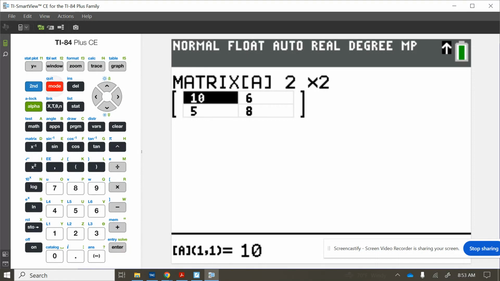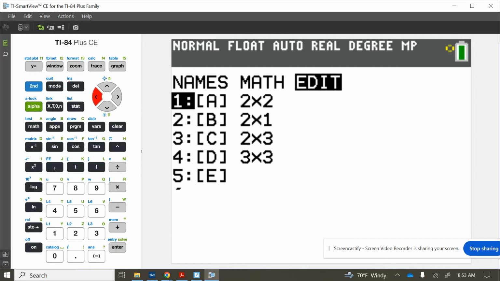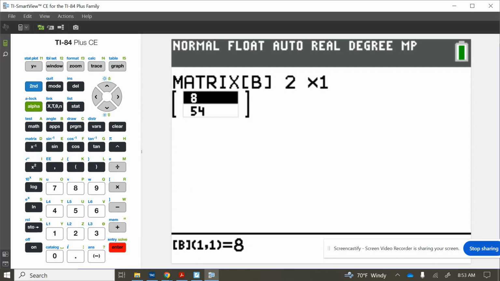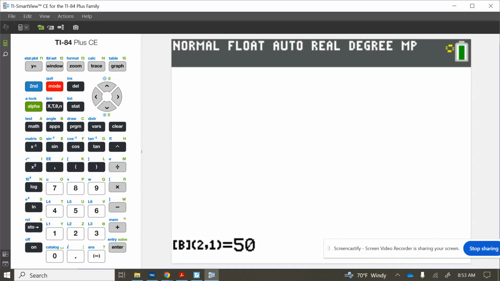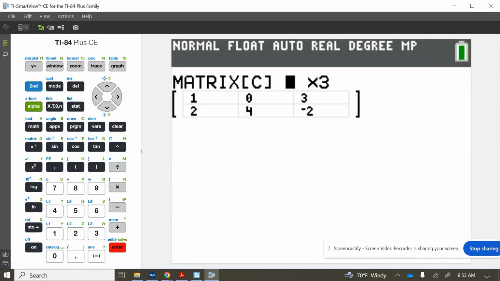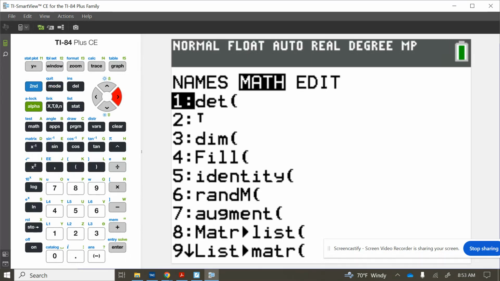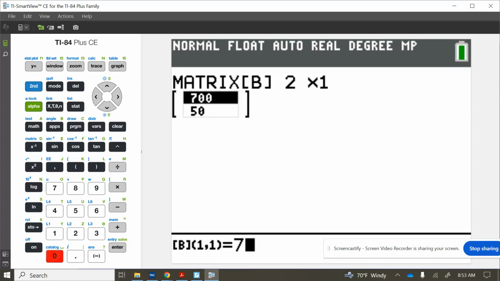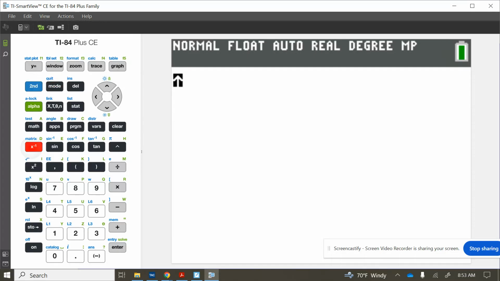And then this time matrix B, we can type in 70 and 50. It's not 700, 70 and 50. And this time if we take A inverse times B, our calculator will do this for us, right?